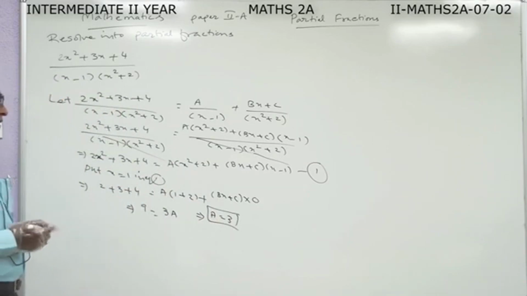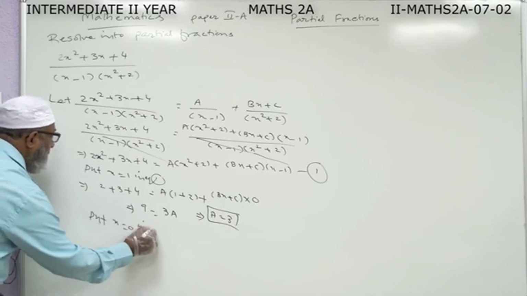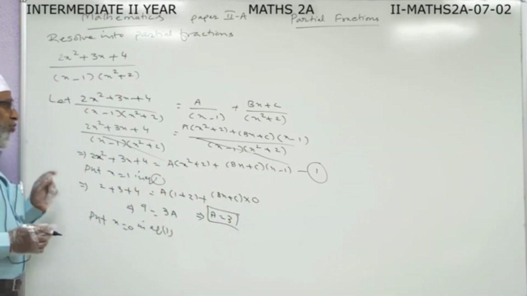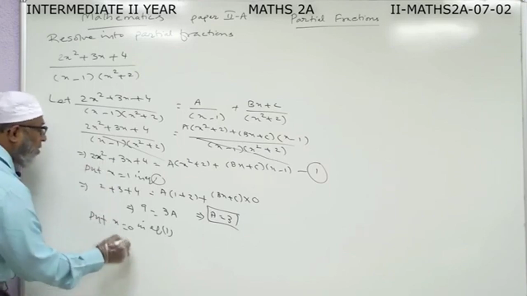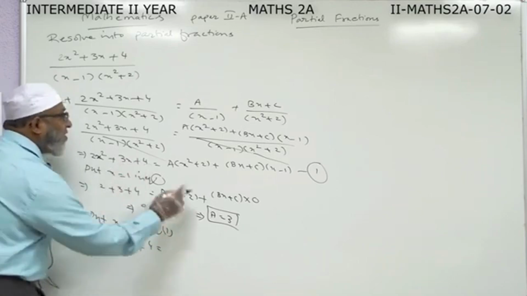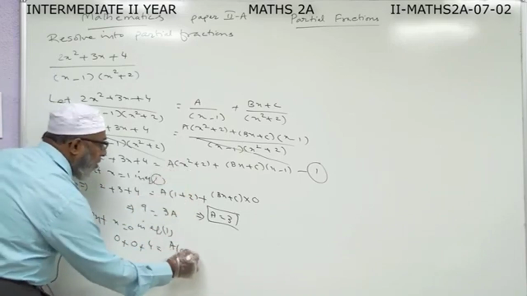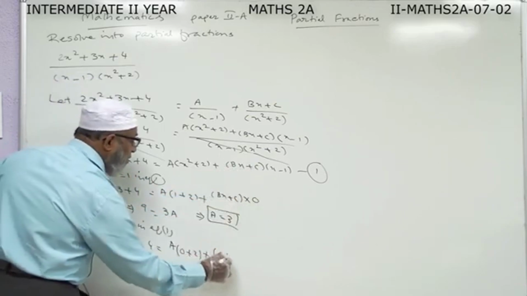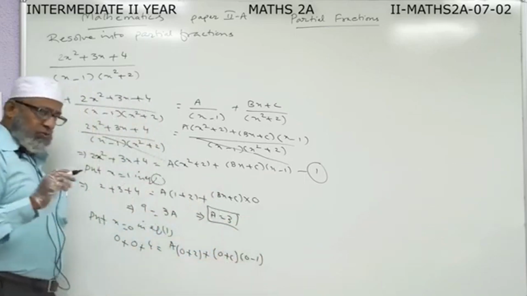Now, again put x = 0 in equation 1. See what happened. This part will be 0. This 4 remains as it is, equal to a(0 + 2) plus (b·0 + c)(0 − 1).